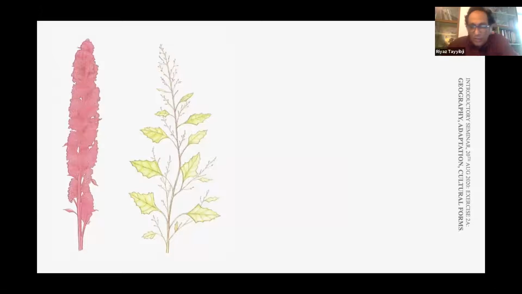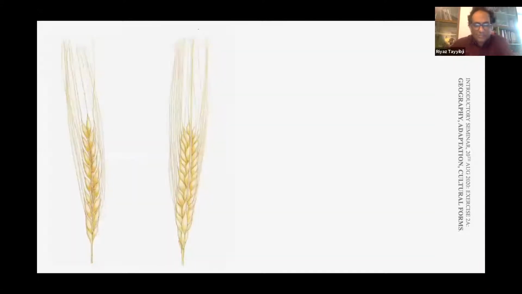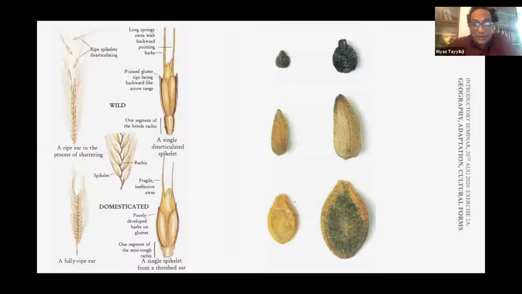And you can see how the seeds which are scattered, the grain, the seed which is scattered on the right side, bunches together over a period of time by the selective processes that it was subject to. The processes are actually quite similar, and this is barley. This is also barley, and you can see the wild ears on top and the domesticated one below.